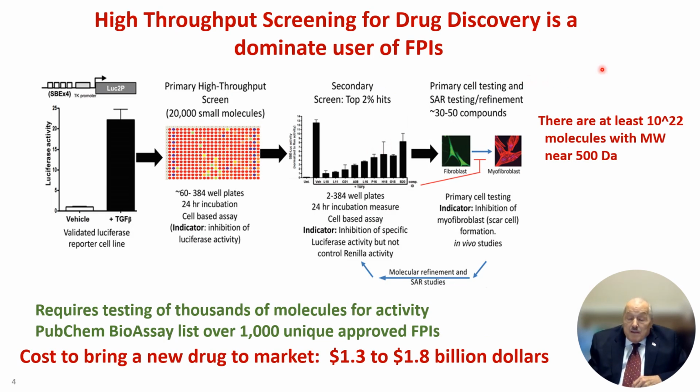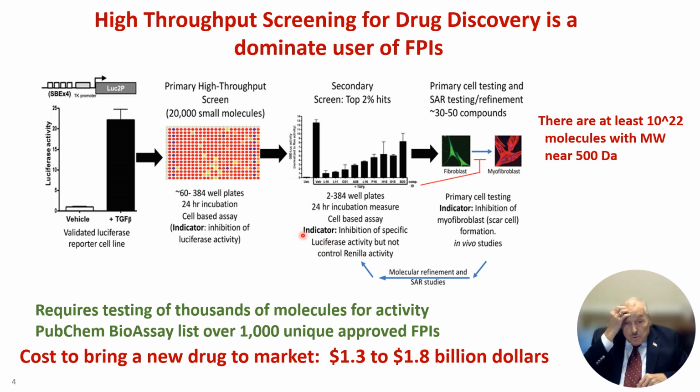The dominant use of the competitive fluorescence polarization immunoassays has been drug discovery. And the problem with drug discovery is, let's say you're looking for a new drug that's going to help your heart or something like that. We'll see an example of that later.